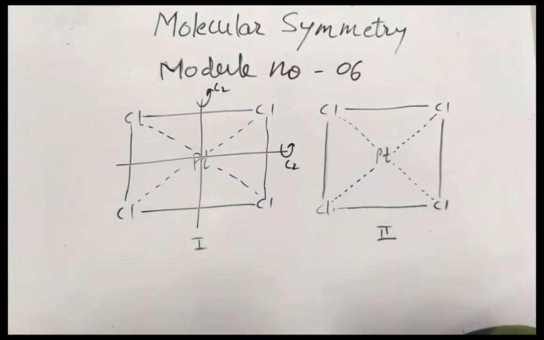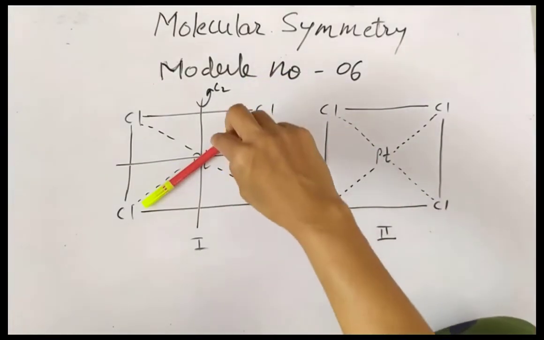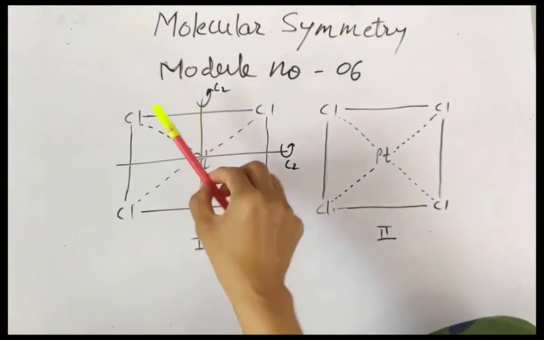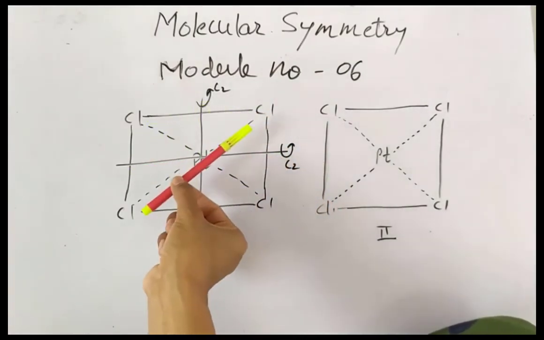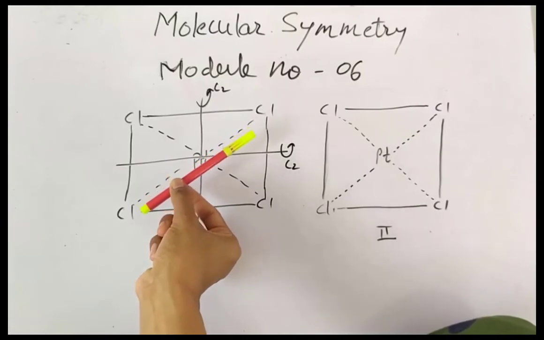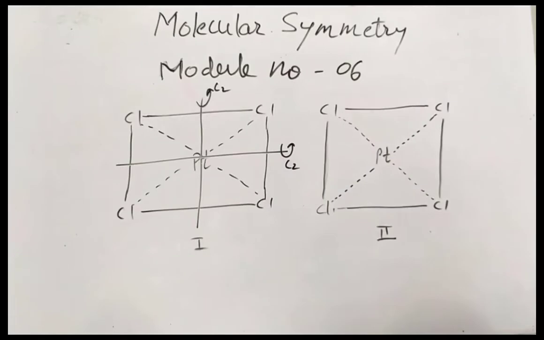We have seen this also as a C2 axis. Of course, this is the first, second, this is the third C2 axis, and this is the fourth C2 axis. We have seen such four C2 axes in the PtCl4 molecule.